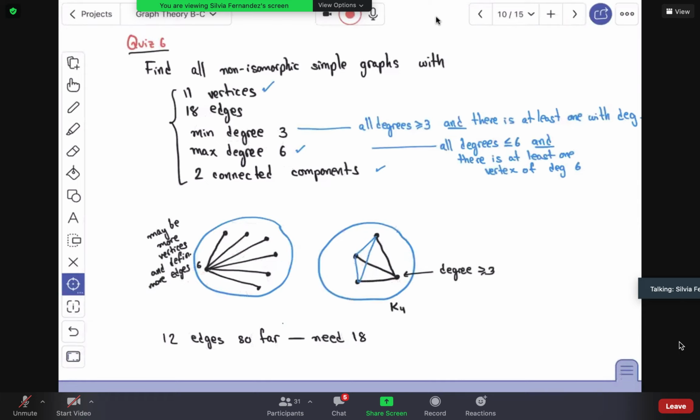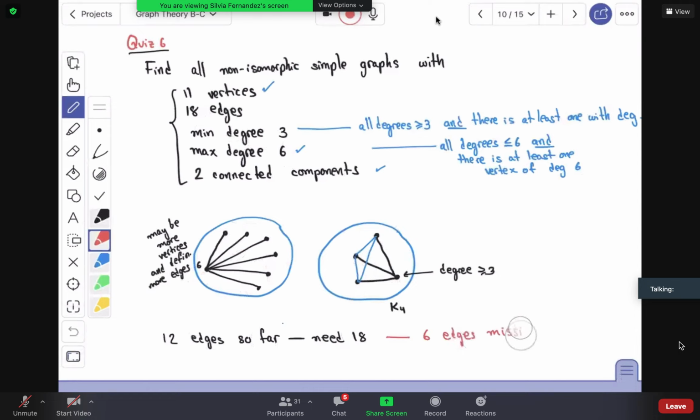The only way that I can do that is with unions of cycles. So I have 6 edges missing, and all of them must use the red vertices.